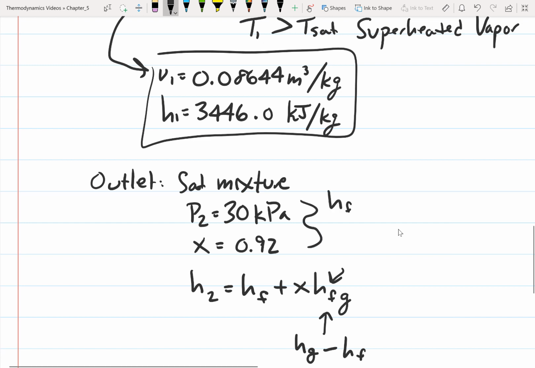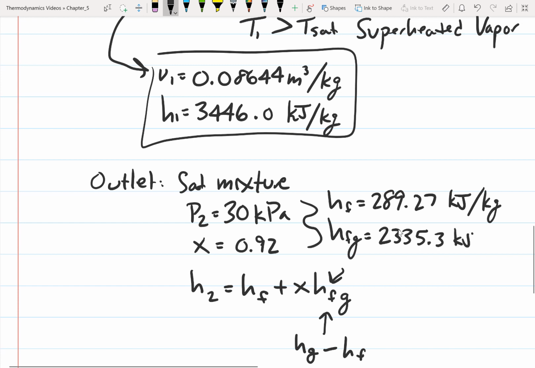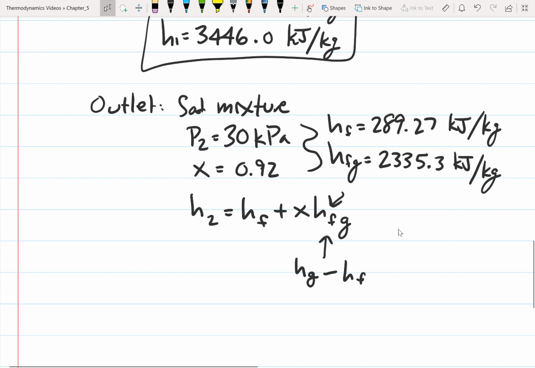So the enthalpy of the saturated liquid is equal to 289.27 kilojoules per kilogram, and the enthalpy of vaporization is equal to 2335.3 kilojoules per kilogram. So then we can calculate the enthalpy, so h2.